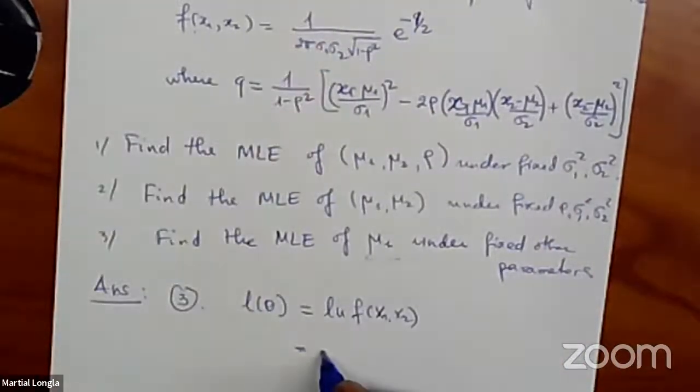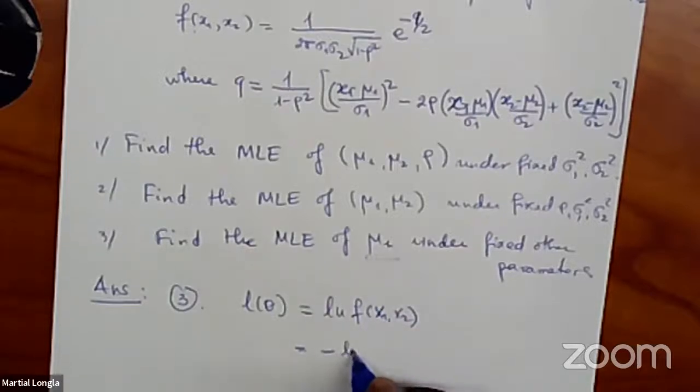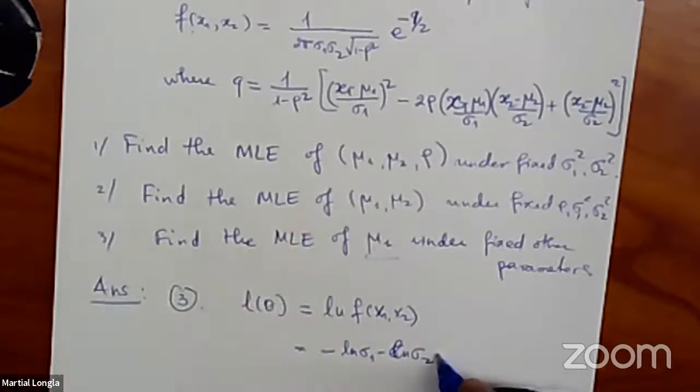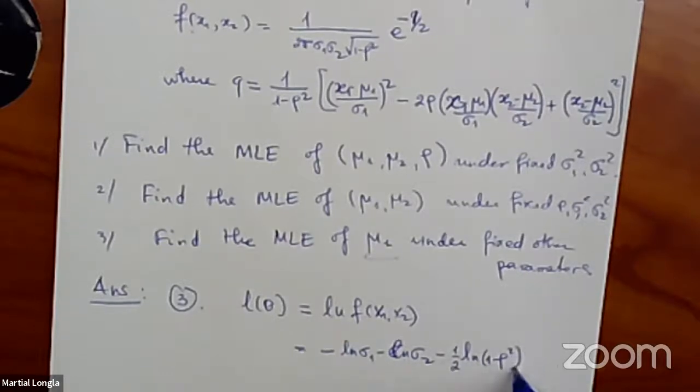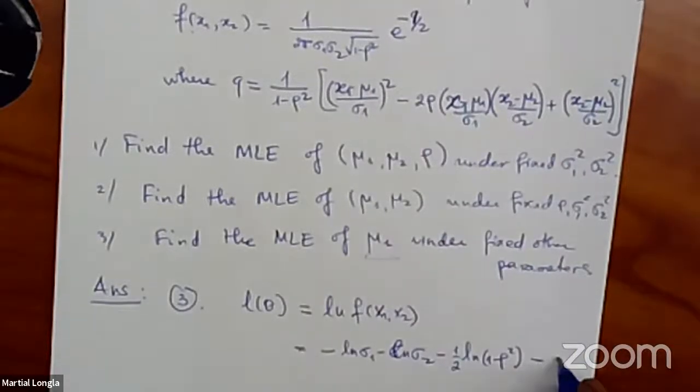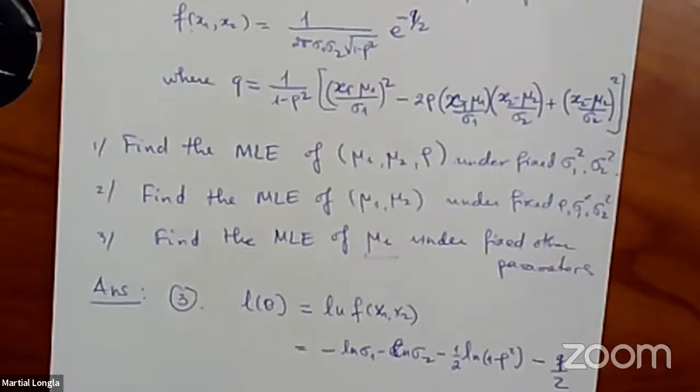That's going to be negative log of sigma 1, negative log of sigma 2, negative 1/2 log of 1 minus rho squared, and then when you take log of this, you get minus q over 2, right? That's the log likelihood function.